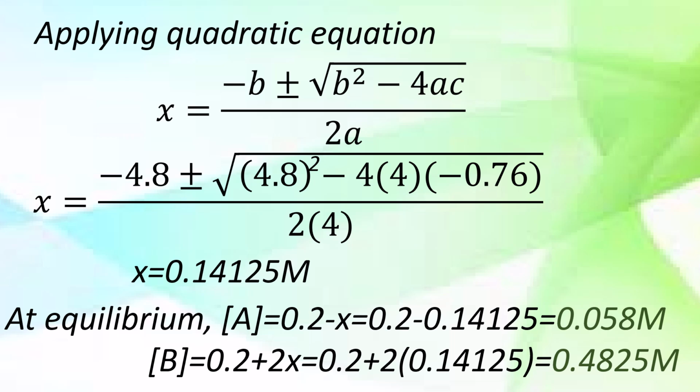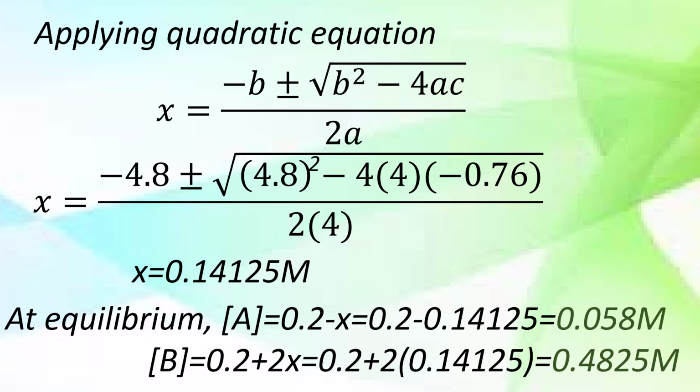Now we will put the values in the quadratic formula and get x is equal to minus 4.8 plus minus root of 4.8 square minus 4 into 4 into minus 0.76 divided by 2 into 4.